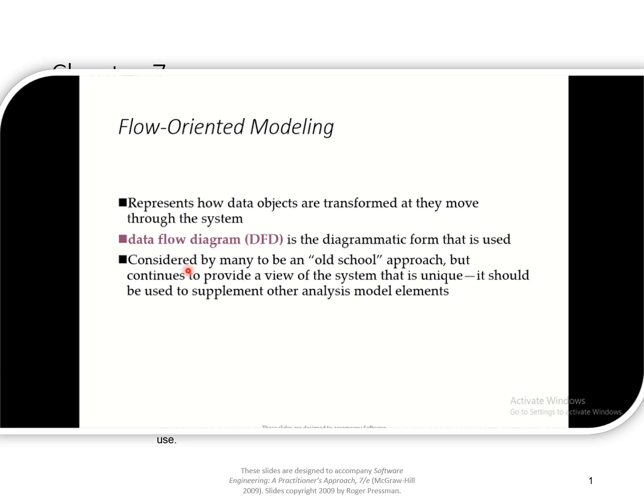According to authors, this technique is somewhat obsolete, but still it can give you great insight into system requirements and flow. And you can say that it is not a formal part of UML, but it can complement UML and other analysis model elements.